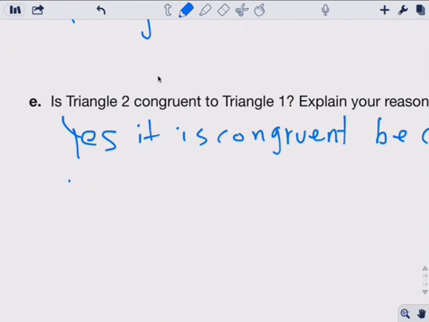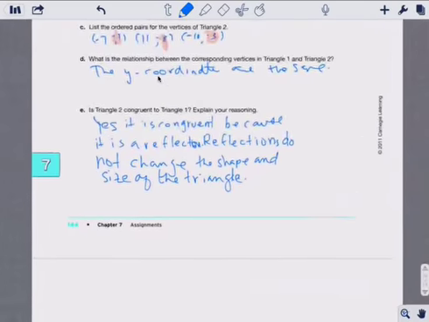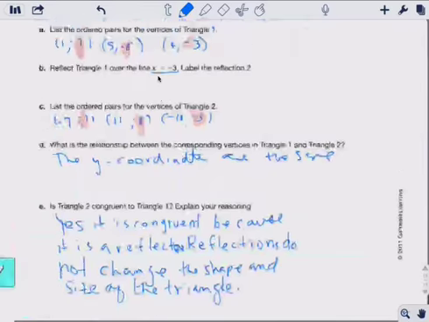Reflections do not change the shape or size of anything. Okay? That's why it's congruent. Congruent means exact same shape and exact same size. And the end, thank goodness, right?